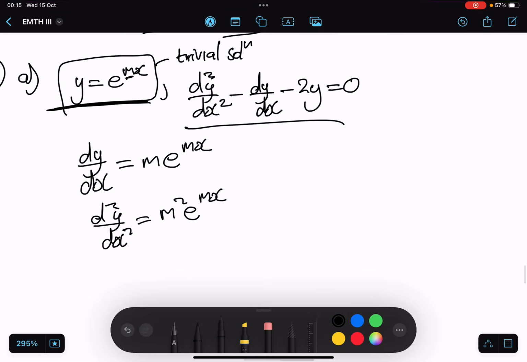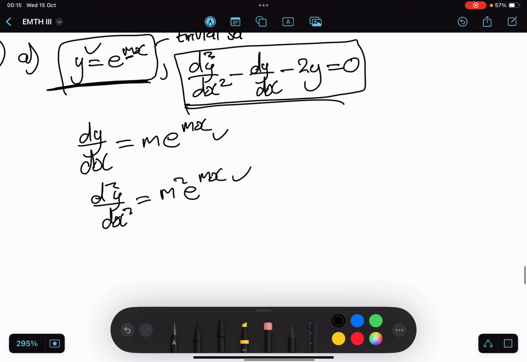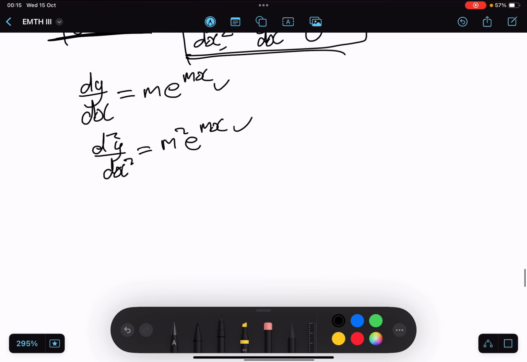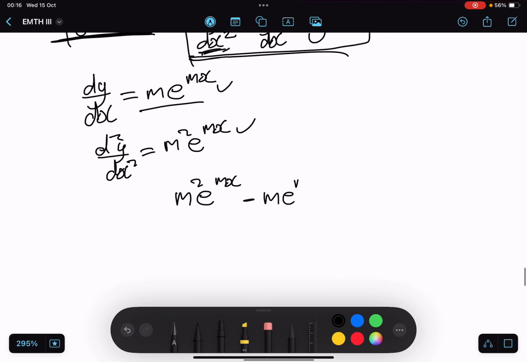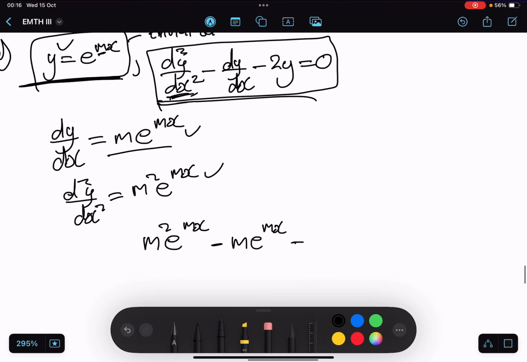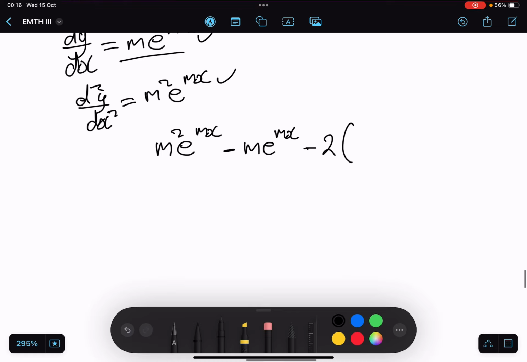And then from here we have the first derivative, we have the second derivative, we have y. We are going to substitute everything in this equation. So the second derivative is m² e^(mx), minus the first derivative, which is m e^(mx), minus 2 times y, which is e^(mx), is equal to 0.